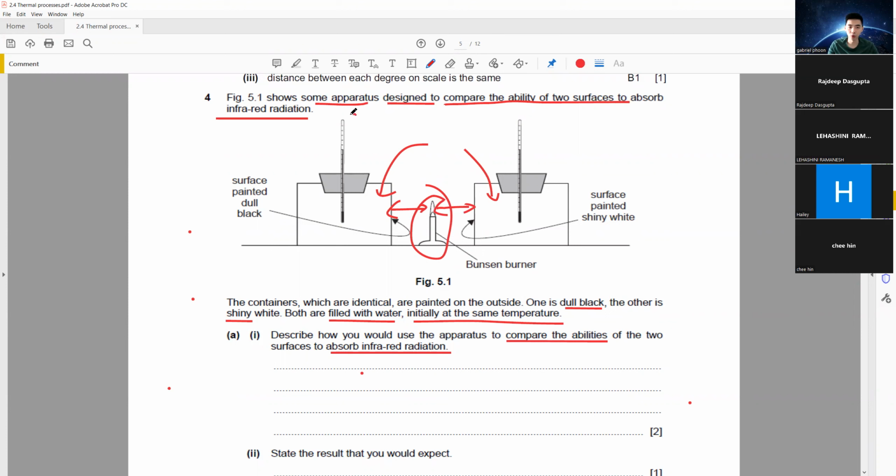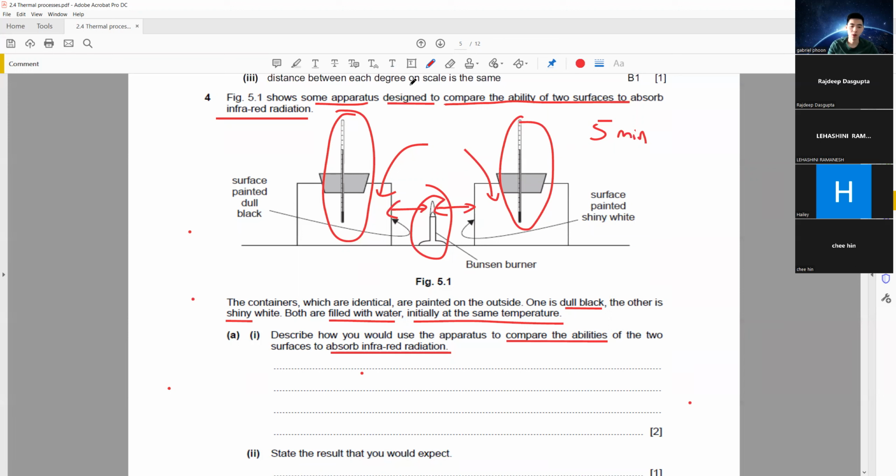Then I'm going to measure the initial temperature before it is heated. After a certain period of time, for example after 5 minutes, I measure the temperature again. Whichever one has the higher temperature is the better absorber of heat. This is how I'm going to tell them what I am going to do with this apparatus to measure better absorbers and worse absorbers of heat.